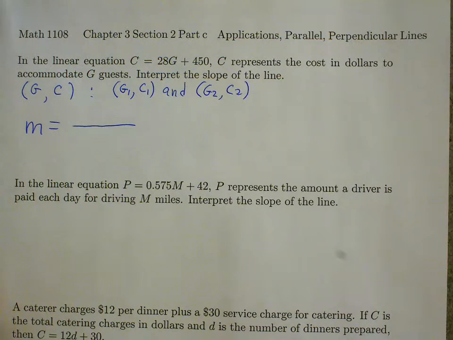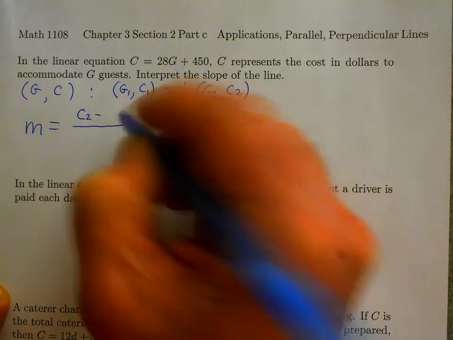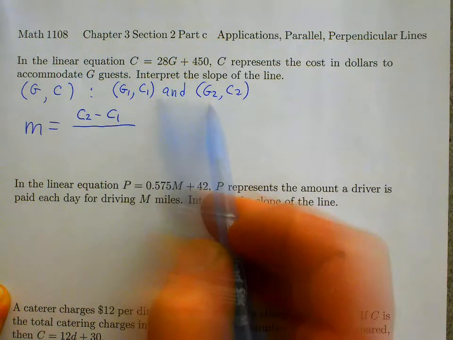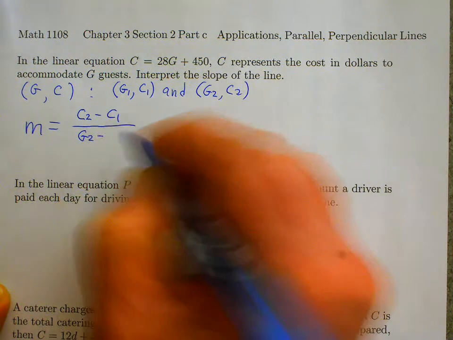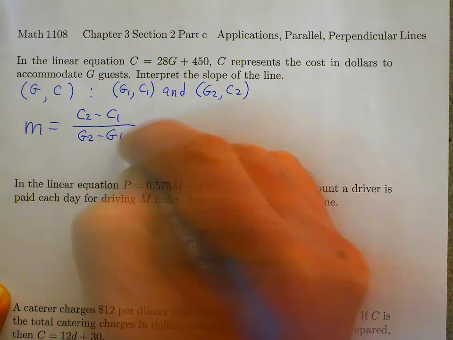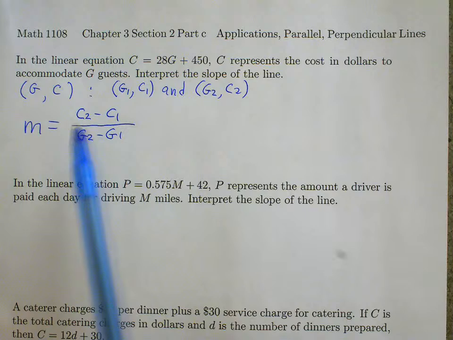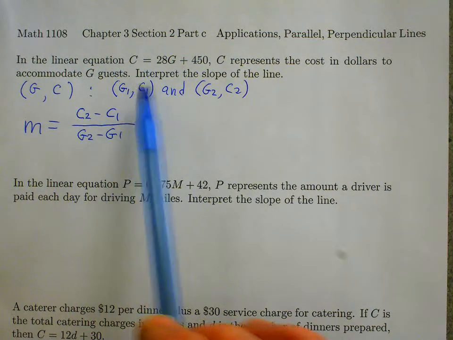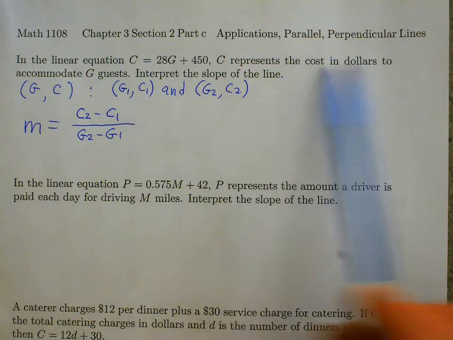C2 minus C1 in the numerator. Yeah, in the numerator I can write c2 minus c1 instead of y2 minus y1. And in the denominator, g2 minus g1. Okay, and what are the units of the c values? The units for c are dollars, right?